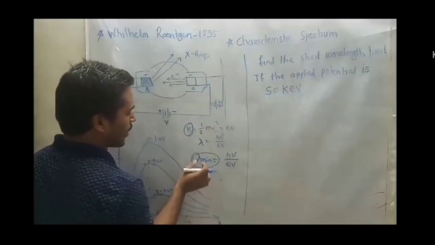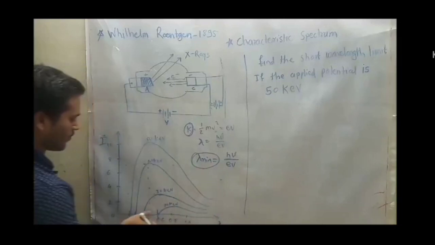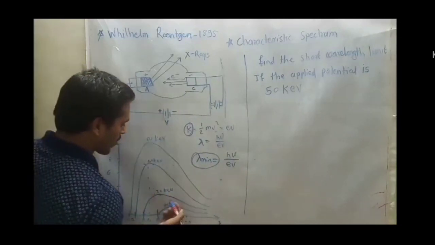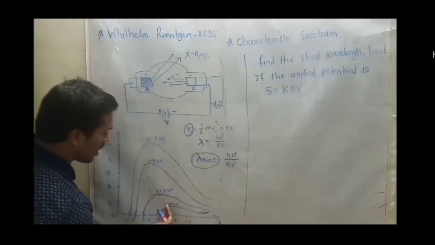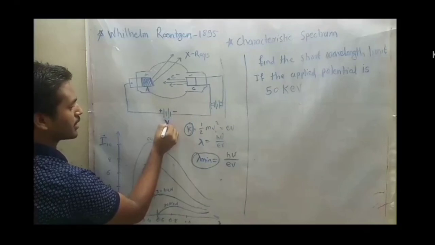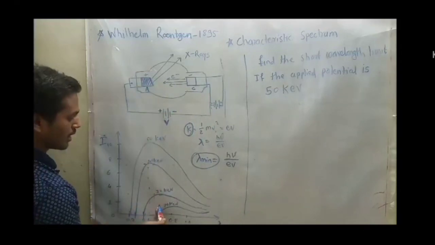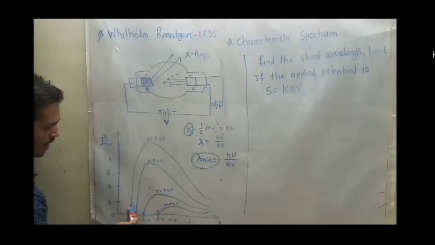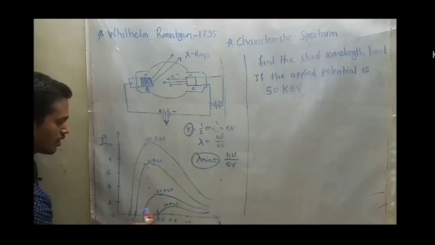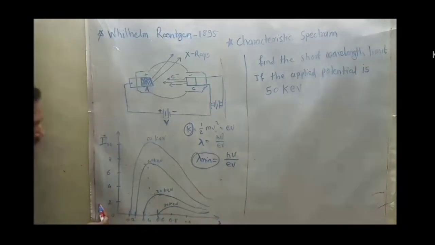The value of lambda minimum is different for different potentials. I am also telling you, if we apply the highest potential, then this lambda minimum is shifted towards the minimum wavelength side.